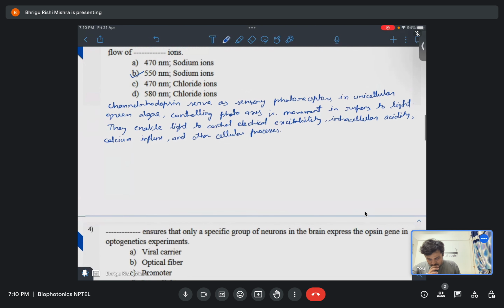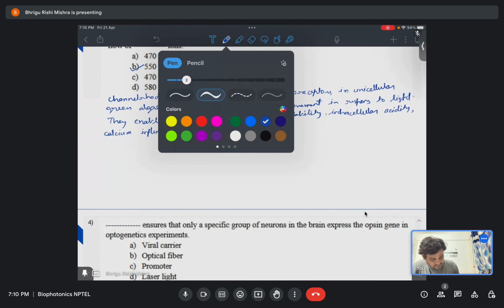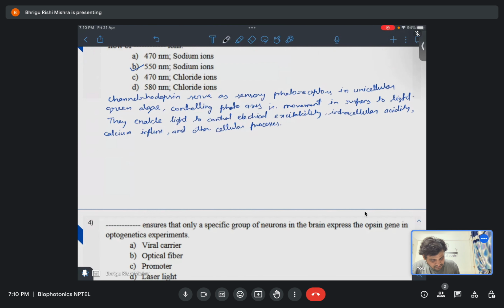VChR1. VChR1 is a red-shifted ChR variant.